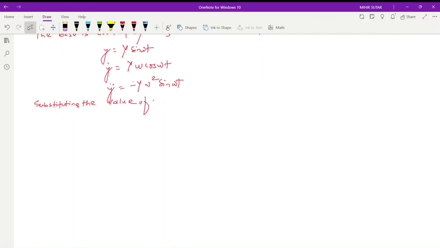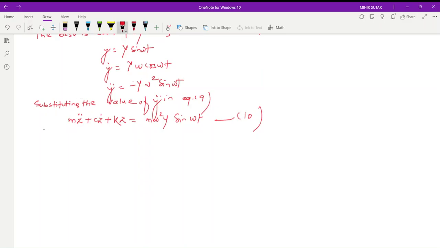Now substituting the value of y double dot in equation 9, we have m z double dot plus c z dot plus k z is equal to m omega square capital Y sin omega t, equation 10.